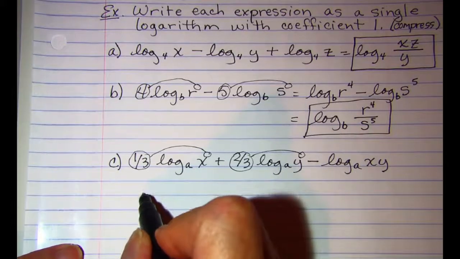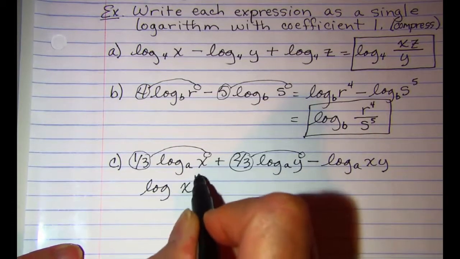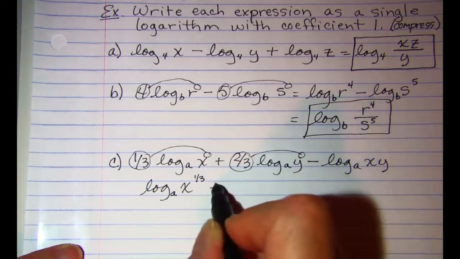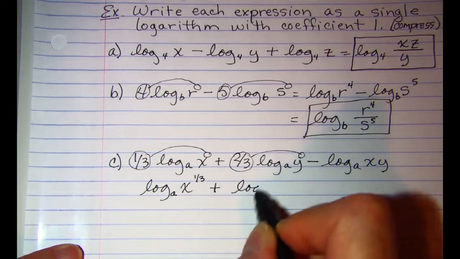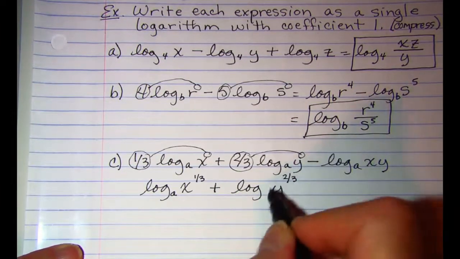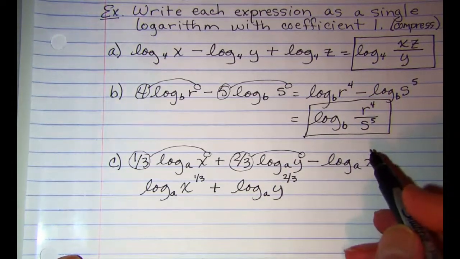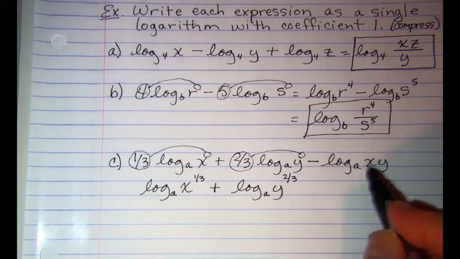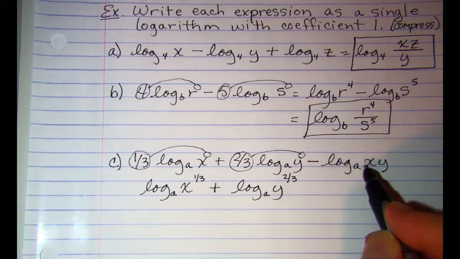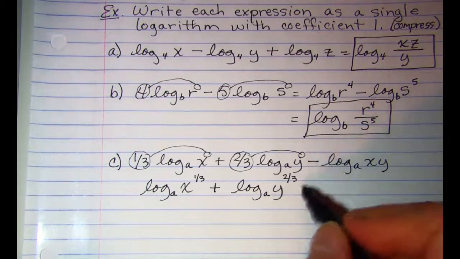So I have the log of x to the 1/3 power, and the base is a, plus the log of y to the 2/3 power, and the base is a. Now, since I'm compressing this into a single logarithm, I'm not going to use my first property to expand this. I'm just going to leave it as the log of x times y.